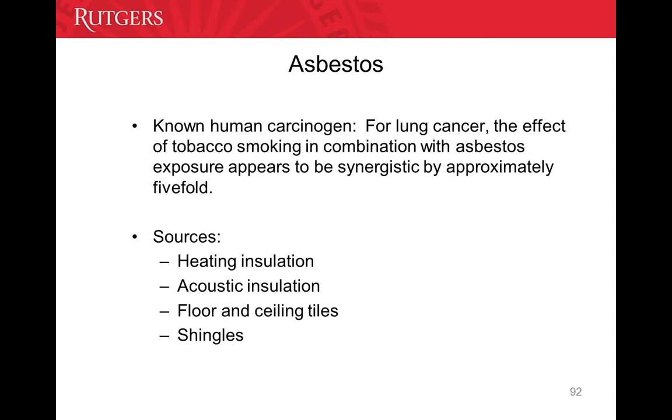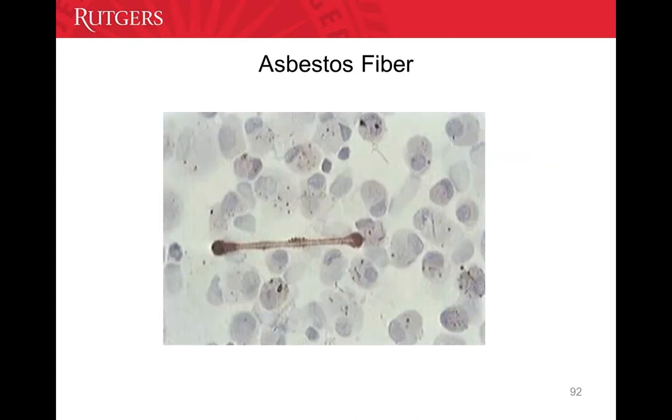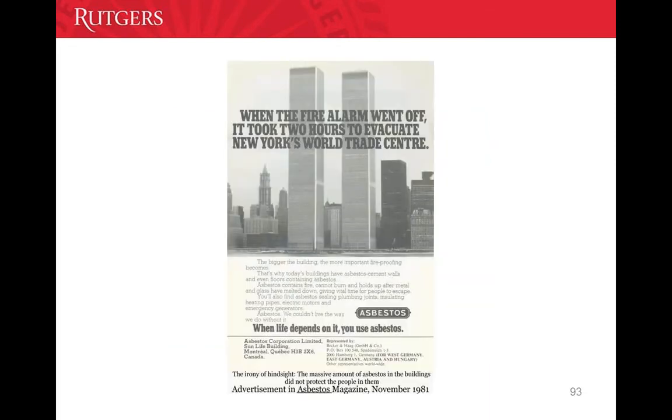It's very expensive, and there are lots of people that argue that the removal will actually make the compounds airborne and put you at greater risk. There's a lot of debate, but in the end, asbestos is a serious indoor air pollutant, and we need to handle it appropriately. Here are the fibers.